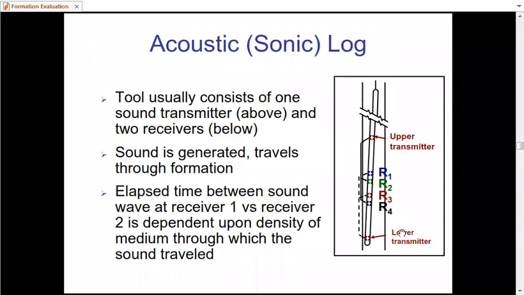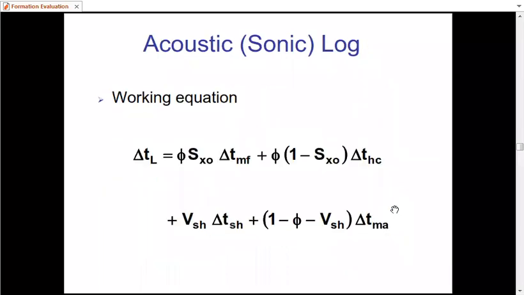As you see here, you have a lower transmitter and an upper transmitter, and in between you have multiple receivers for receiving the sonic wave and estimating the time.